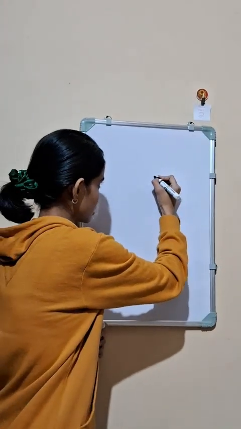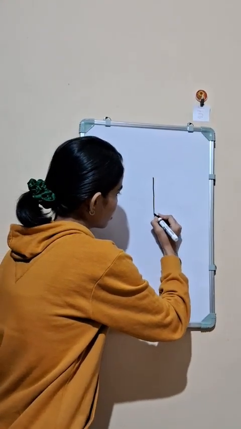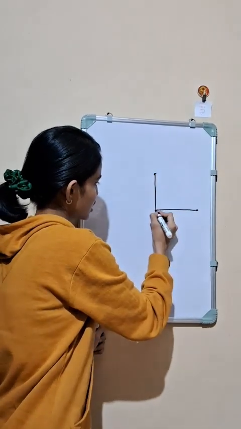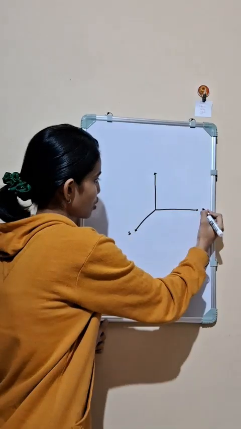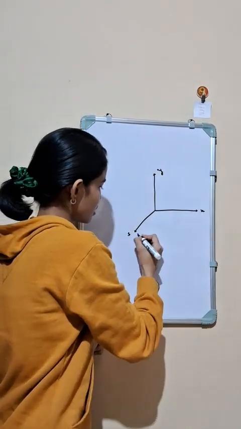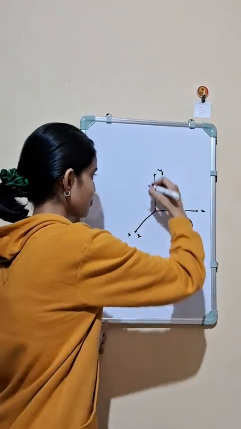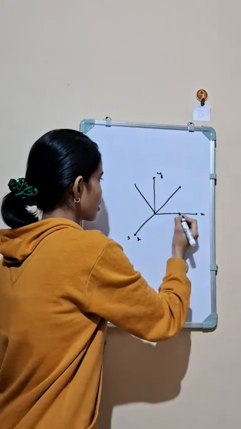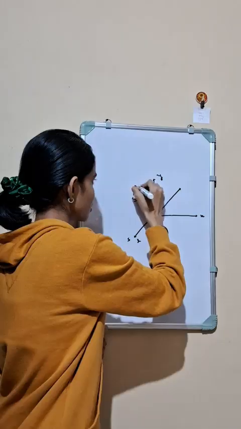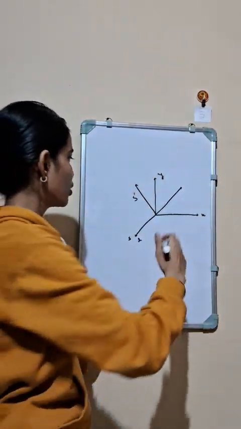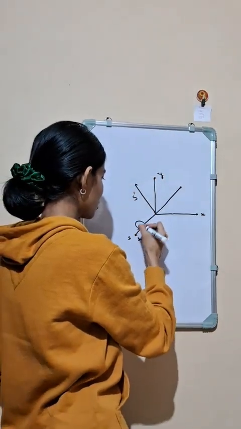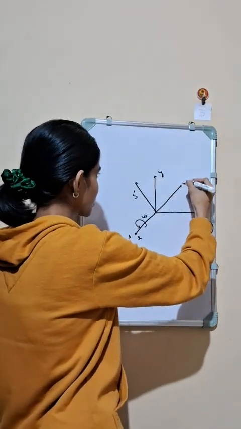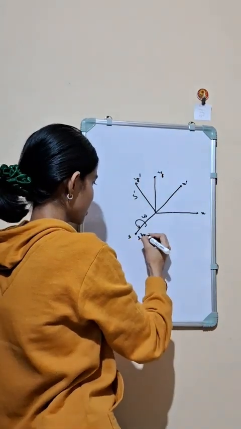So let us suppose this is an inertial frame of reference S with x, y, z coordinate axes, and this is another reference frame S dash, which is a rotating one. It is rotating with an angular velocity omega, and its coordinate axes are x dash, y dash, z dash.